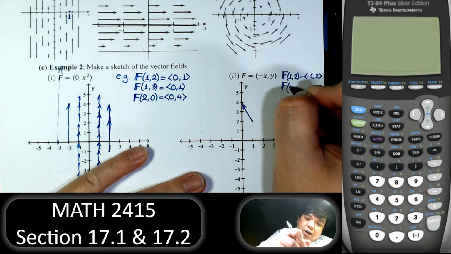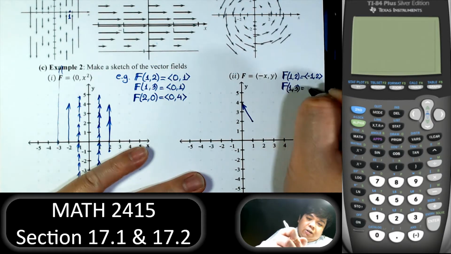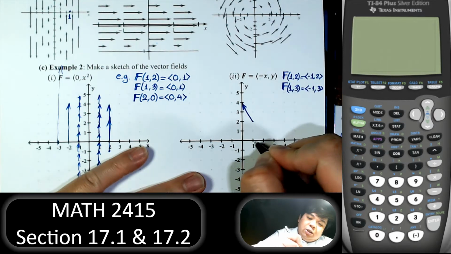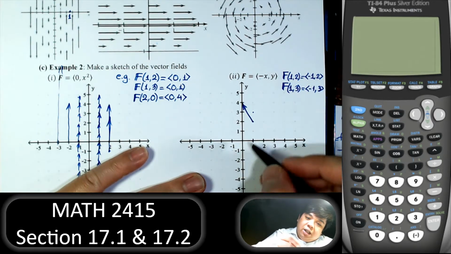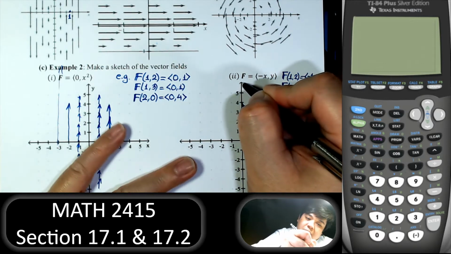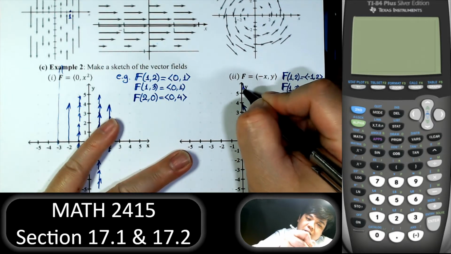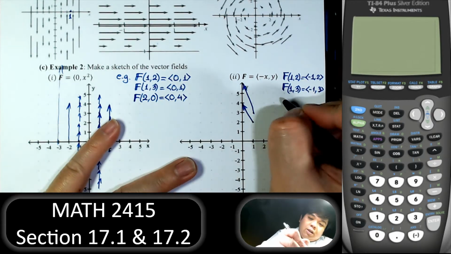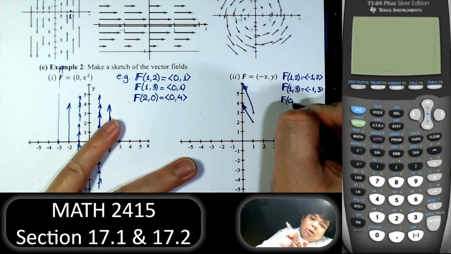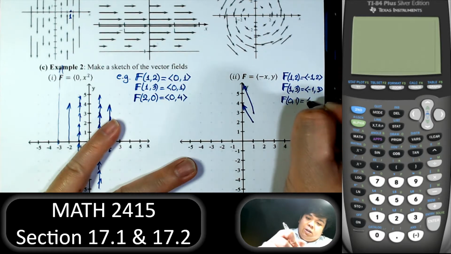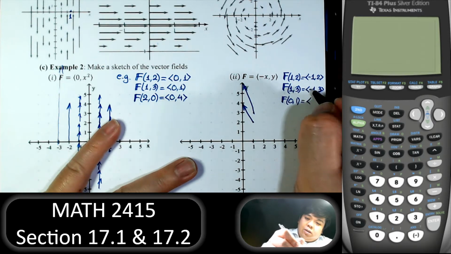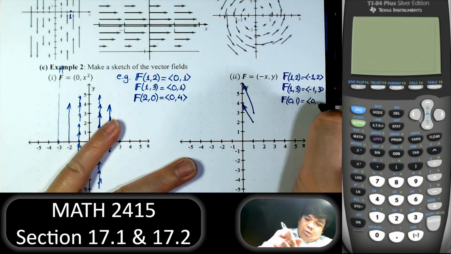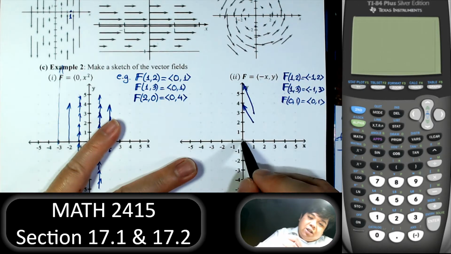At the point (1, 3), the vector is (negative 1, 3). Then (0, 1): (negative 0, 1), x equal to 0, y equal to 1.